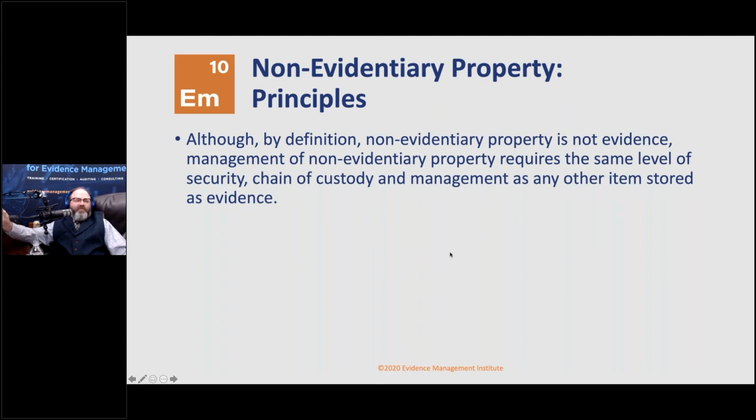But one important principle to discuss is that we treat non-evidentiary property with the same level of security, the same chain of custody, the same management and operations as stored evidence. There are a few distinctions, but it's really critical that we don't let non-evidentiary property have a much lower standard than evidence, because those things creep in and cross-pollinate, and that causes problems.